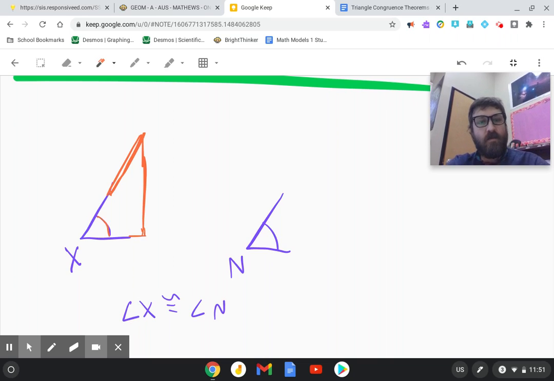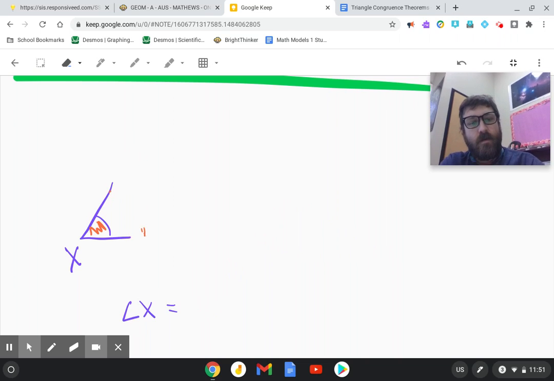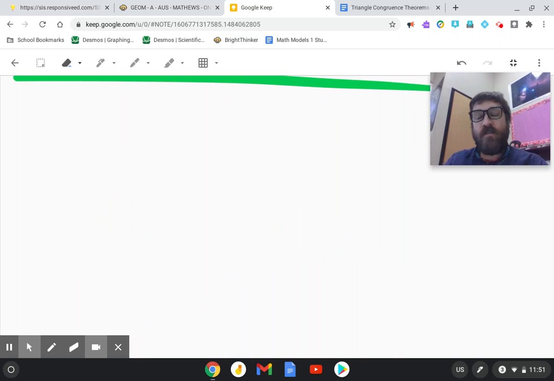Still has the angle that we talked about. But on the other hand, I could make a triangle like this. Look, this angle N and angle X are still the same. They're still exactly the same measure, and yet I've created two different triangles out of those angles. So one angle isn't enough information. So we've already seen that one thing, either a side or an angle, is not enough.